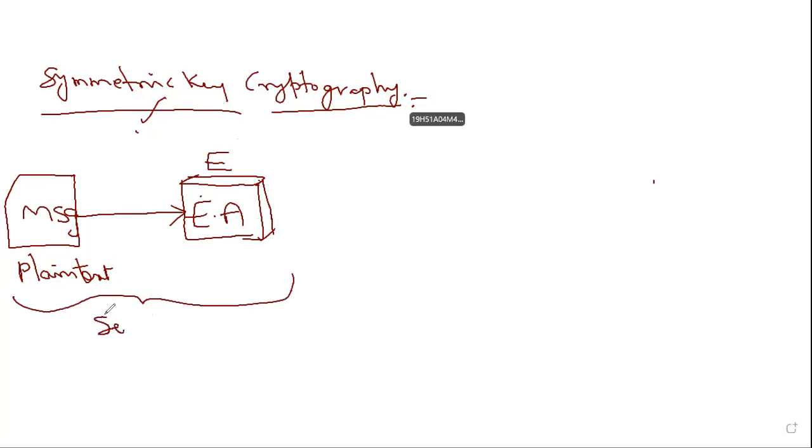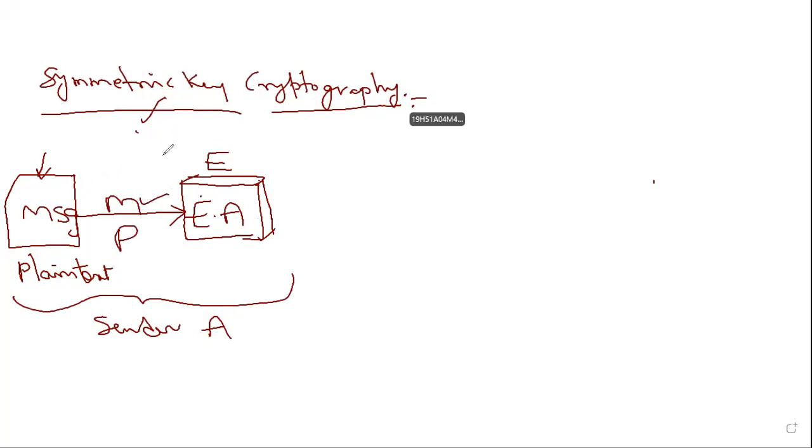Let us assume the sender is A. A originates this message. Let us assume the message name is M, or P for plain text.